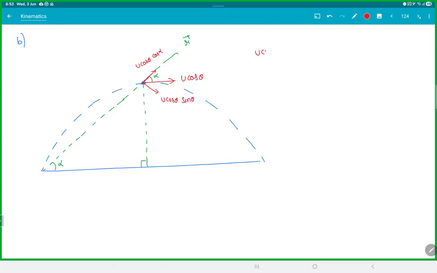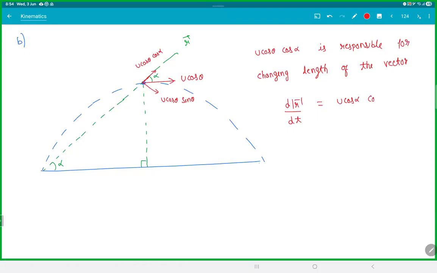So here u cos theta cos alpha is responsible for changing the length of the vector. I hope you remember that discussion. So d mod r by dt, the rate of change of magnitude, is this velocity, u cos theta cos alpha.